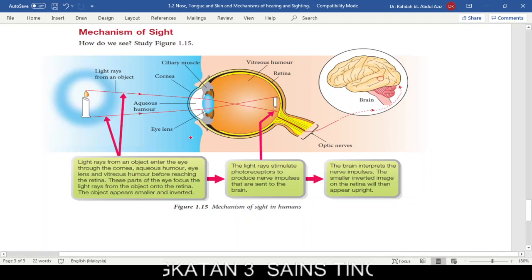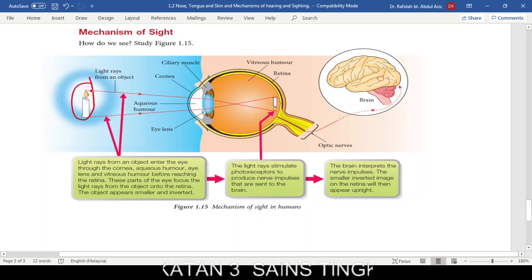Based on the diagram here, this is the example object. Any object will have its own light rays.